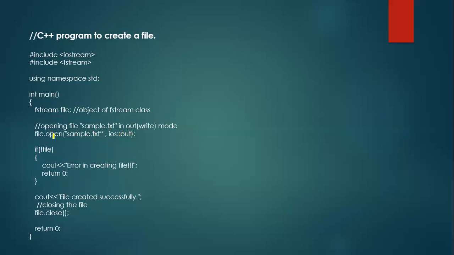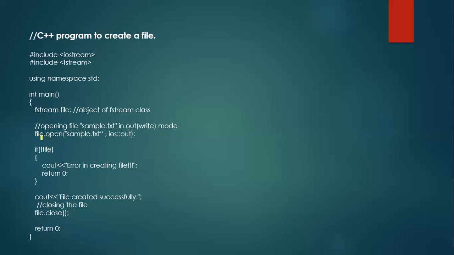After calling the function open to create or open the existing file, we are checking with the if condition whether the file object on which we called open returns a value saying it exists or is open or not.